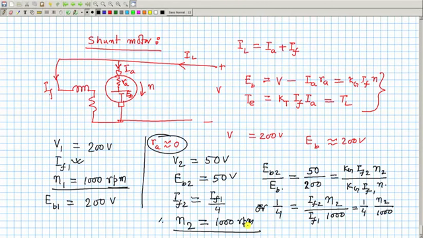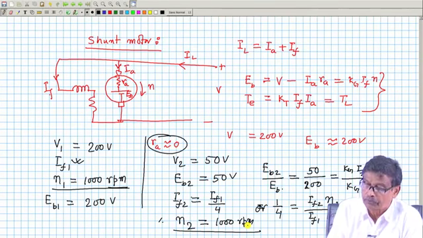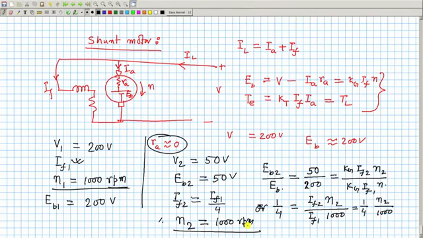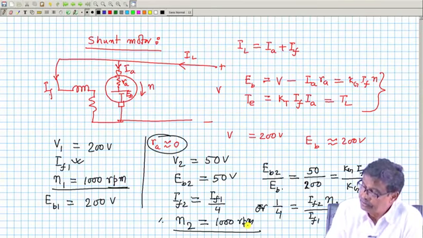Therefore, you see, whether the machine is connected in shunt or as a separately excited motor, the only thing is you draw the circuit correctly and write down these 2 equations, the back EMF and armature equations.